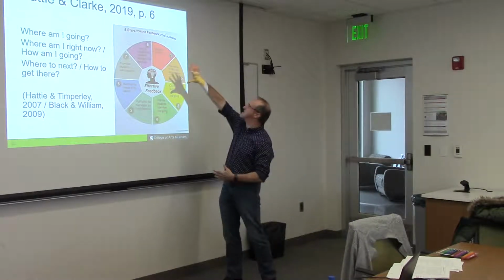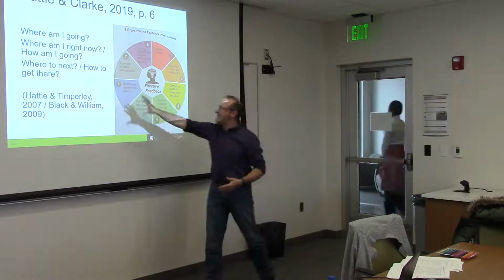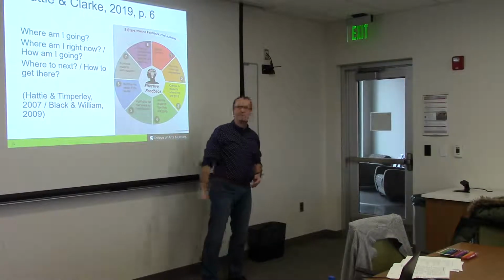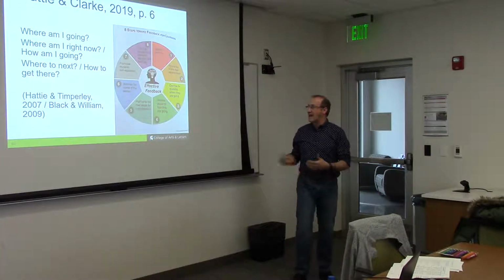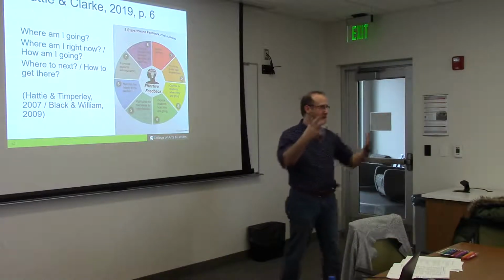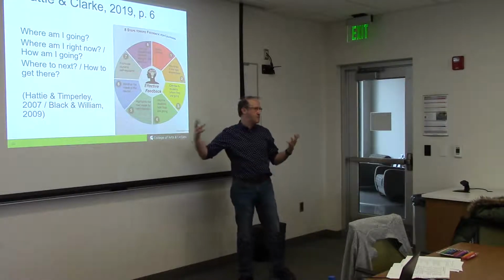So they have 8 steps toward feedback for learning, but the basic 3 questions have been out there for a long time. One of his earlier studies with Hattie and Timperley, another professor, and Black and William, these famous researchers that basically looked at formative assessment, they agree on the 3 big questions.